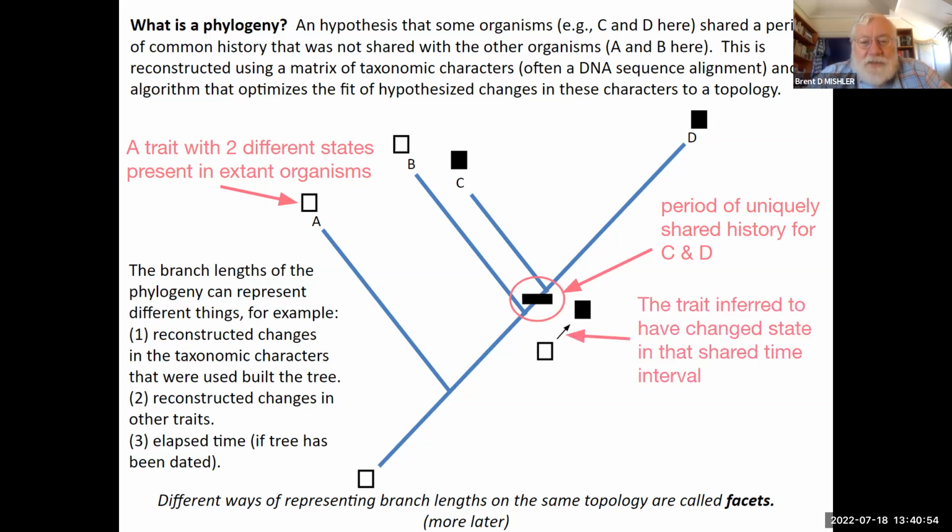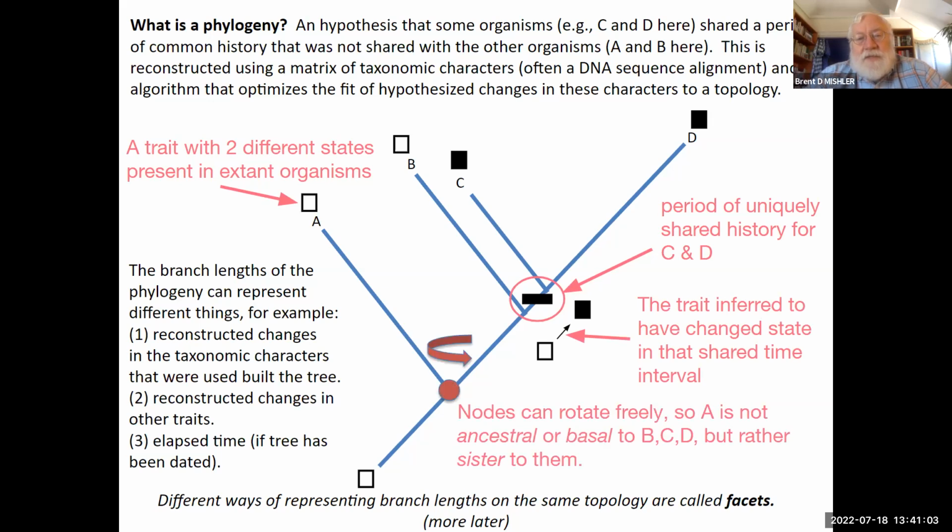And then the next one shows that this particular trait would be inferred to have changed its condition on that branch, thus leading to a sharing of information between C and D. And that plus many, many other characteristics could be built up into a branch length, which would be one possibility, would be the number of changes that are reconstructed to have happened on a branch. And also might be time, if you've scaled this to time.